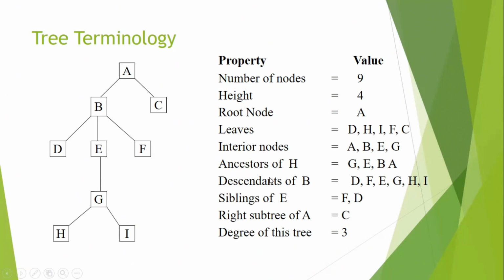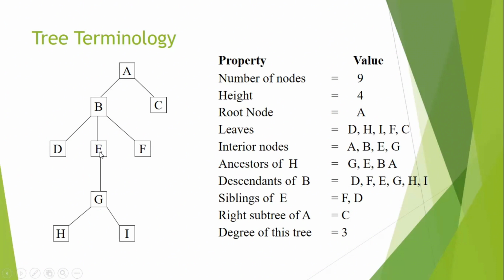How about the descendants of B? The descendants of B are D, F, E, G, H, and I. Who are the siblings of E?